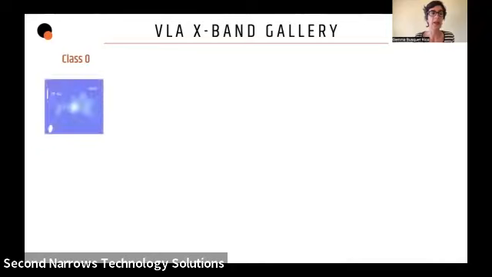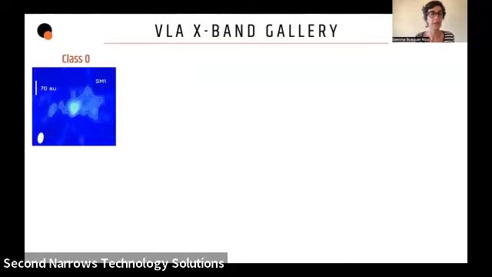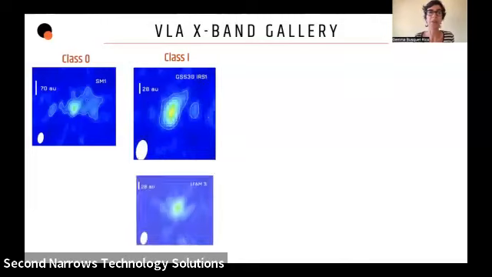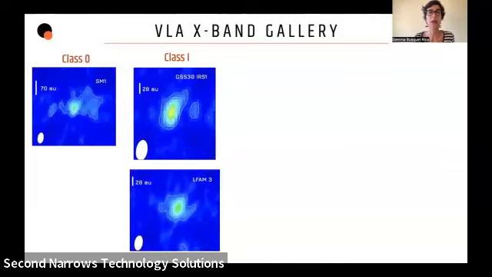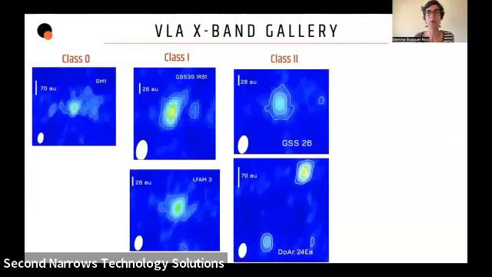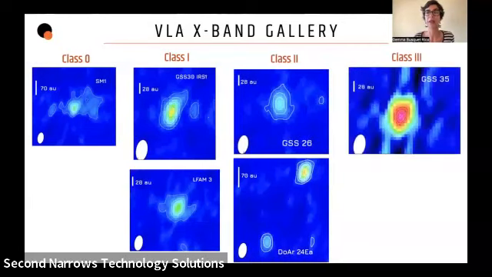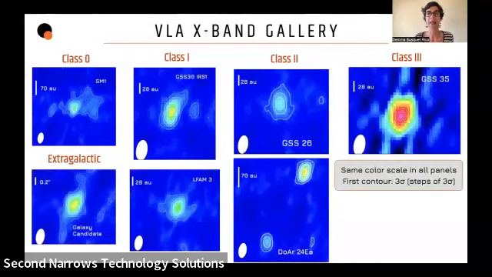Here I'm showing some examples of the 3.6 centimeter continuum emission for different kinds of objects, for class 0, class 1, class 2, and class 3. Note that the color scale in all panels is the same. And finally, I also show an example of a galaxy candidate in the bottom left part.